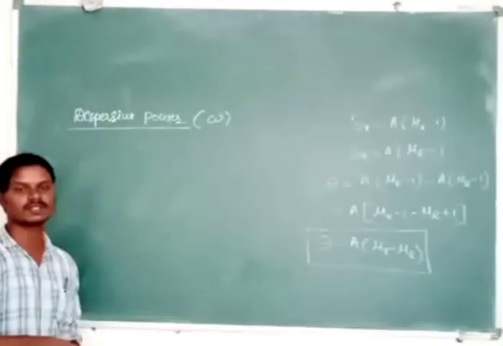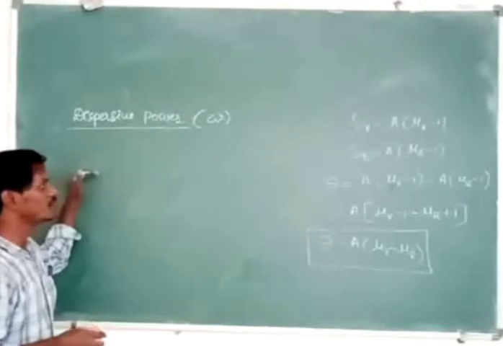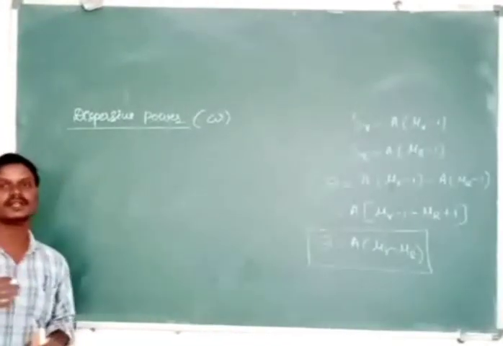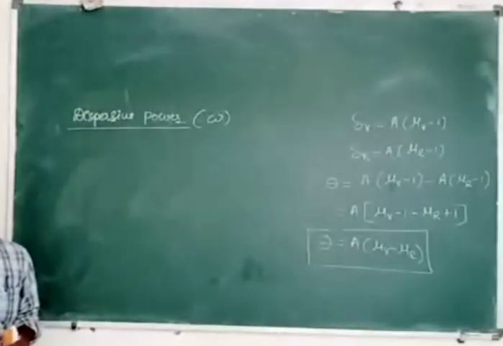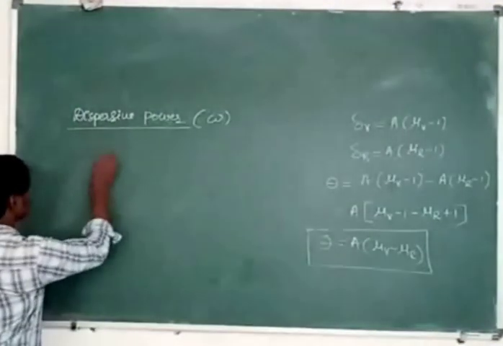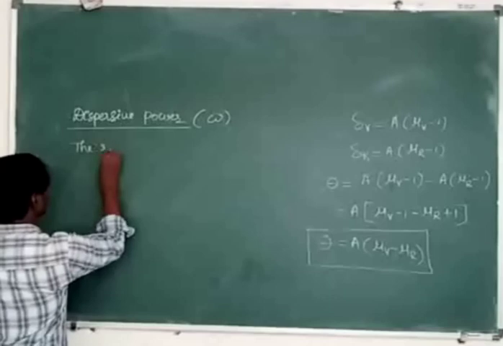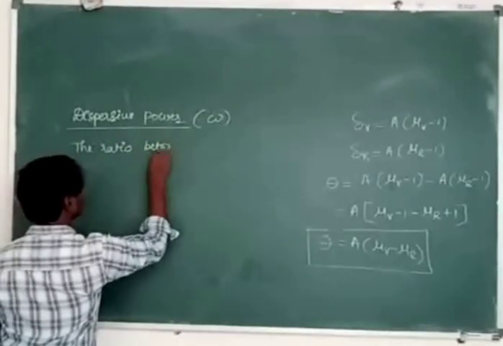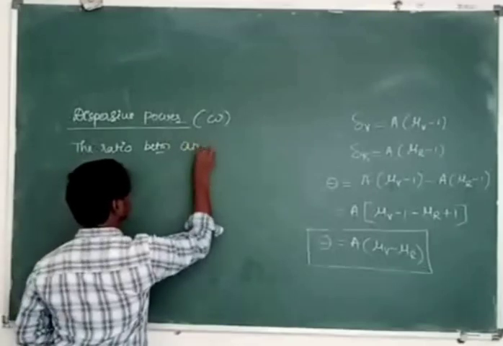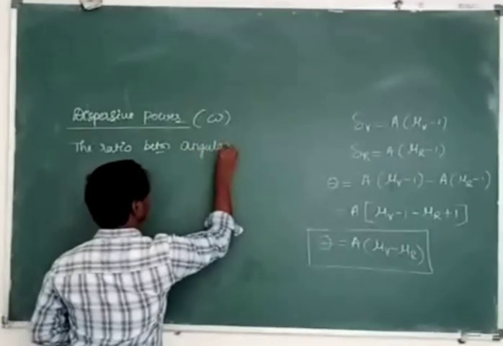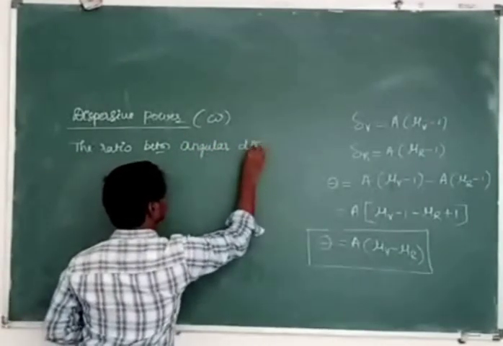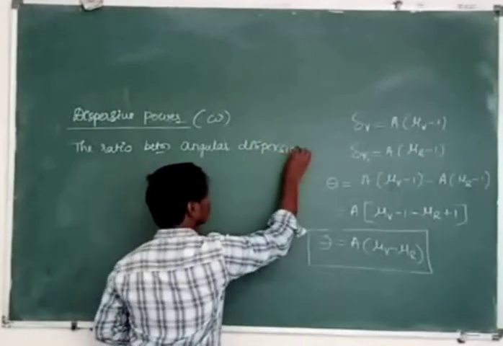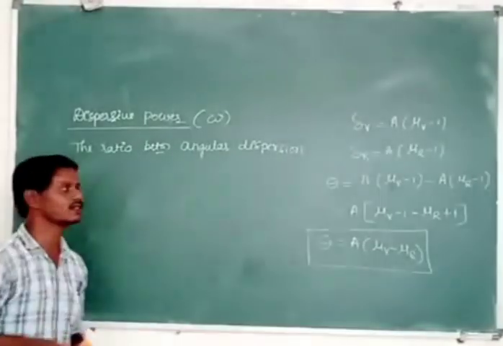Then what is the dispersive power? It is the ratio between angular dispersion and the mean angle of deviation for those two colors. What do you mean by angular dispersion? It is the difference in angles of deviation of any two colors.